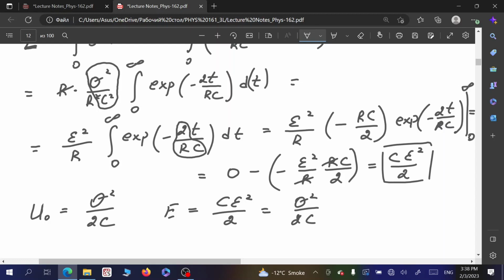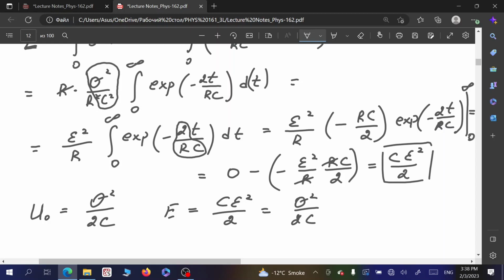So these are the same magnitudes. We indeed will dissipate over resistor the same amount of energy as was initially accumulated in the form of potential energy of electric field between the plates of the capacitor at t equals 0.